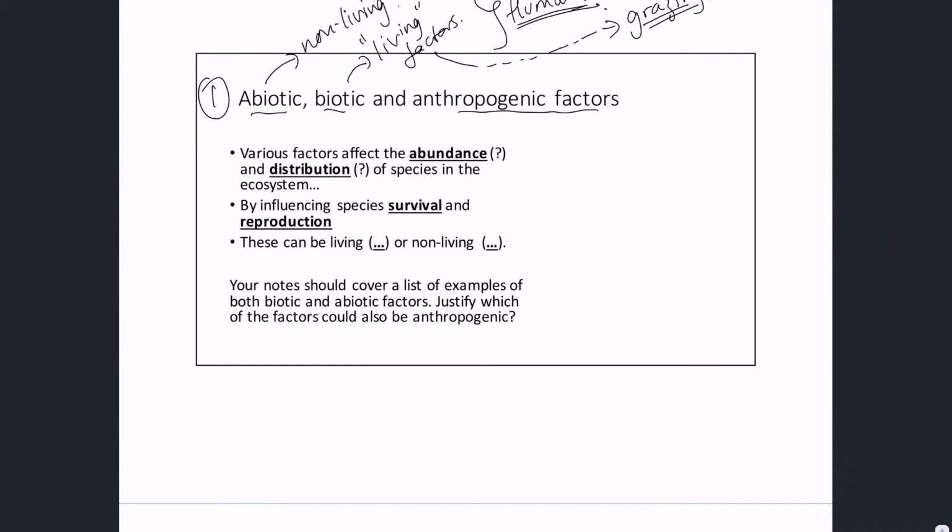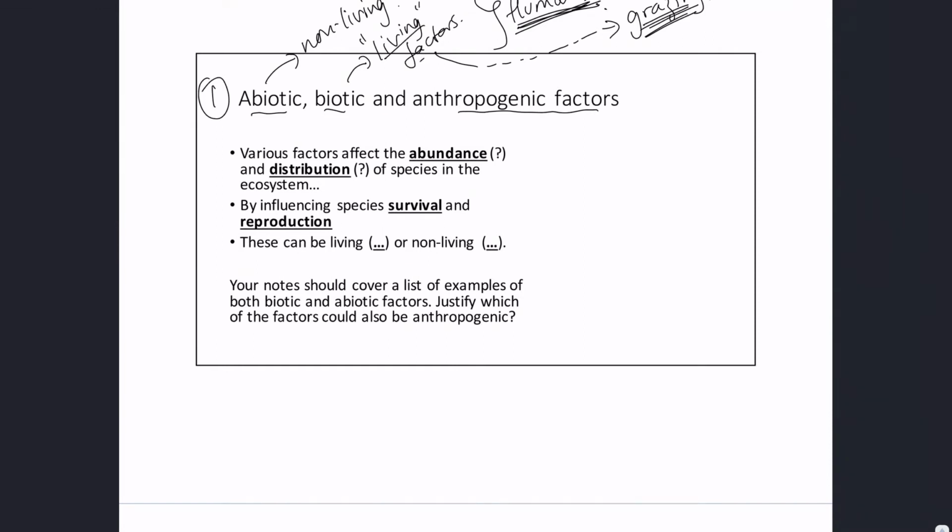However, if those organisms are grazing there because it's farmland that's maintained by humans, then that factor becomes anthropogenic, even though essentially it is a biotic factor.